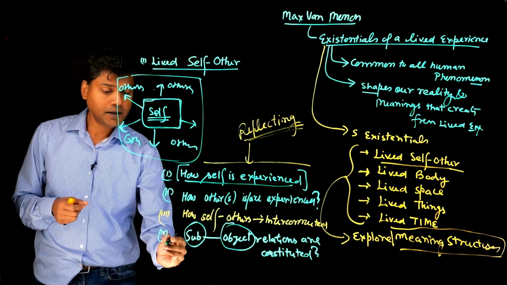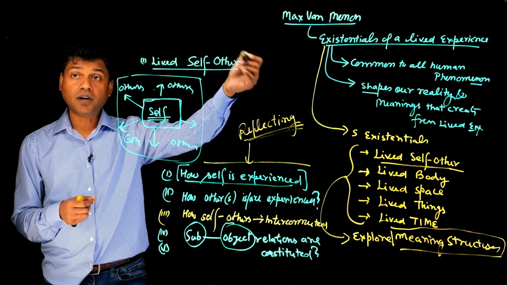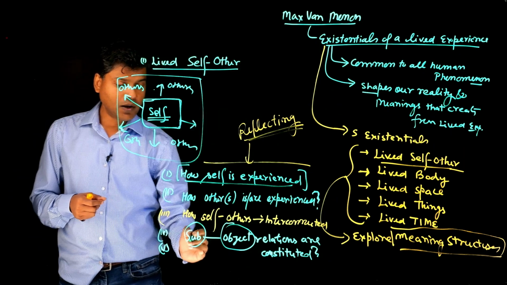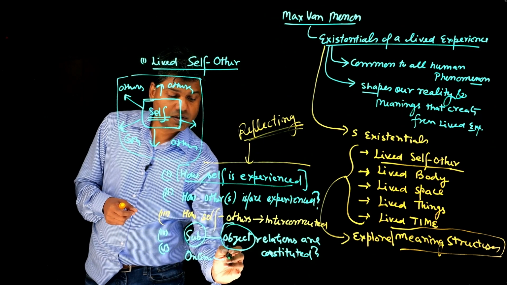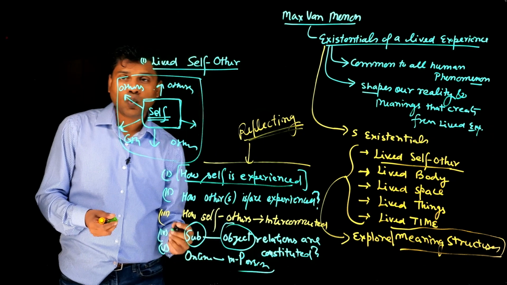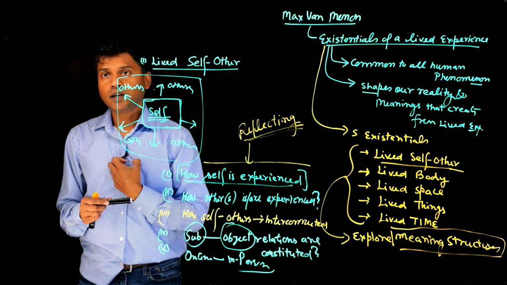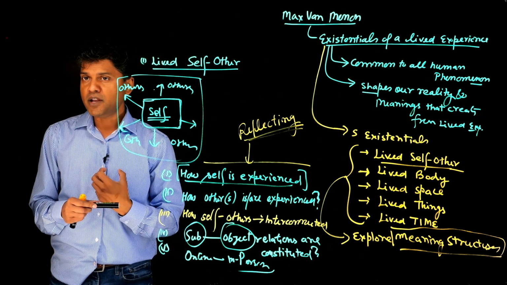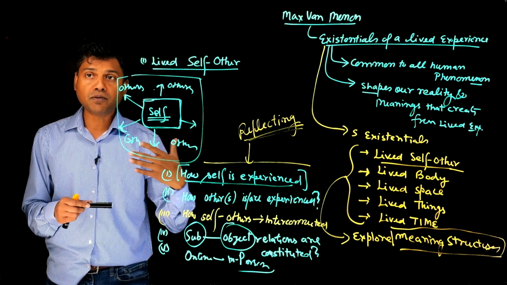And finally, when we think about lived self-other, we also think about online versus in-person. Because the way we relate, the way we experience ourselves in an online medium may not necessarily be the same as when we are having an in-person meeting.